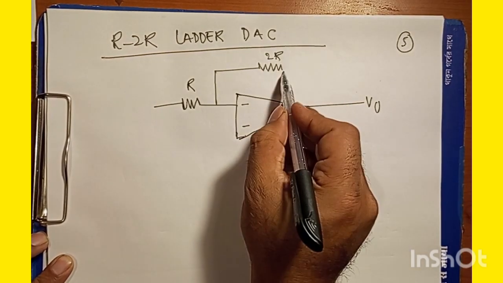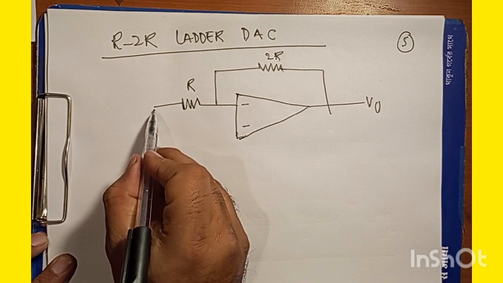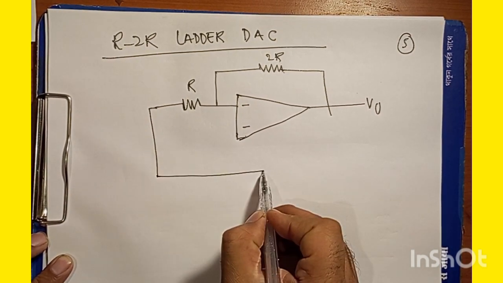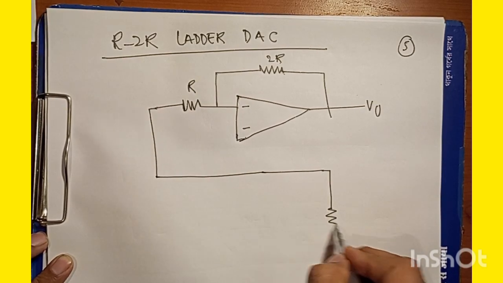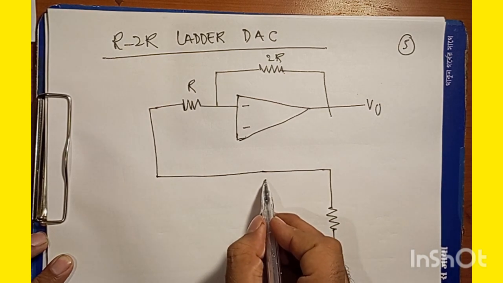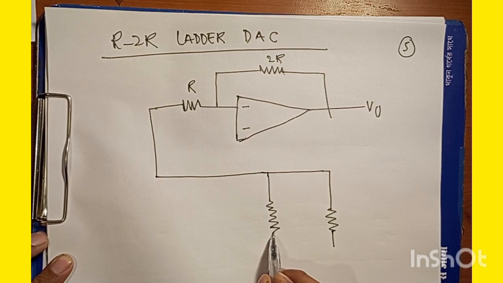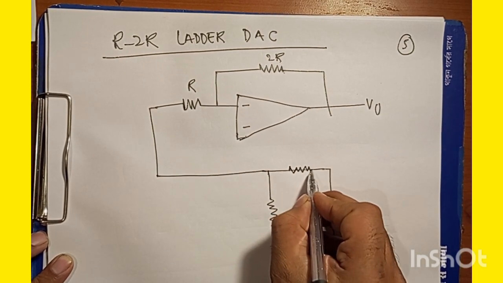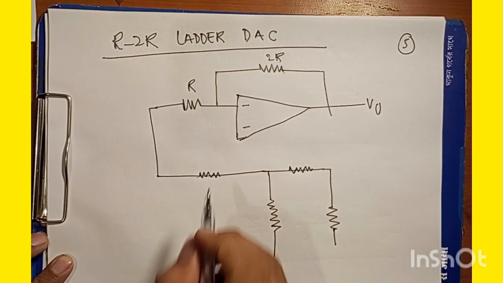Then what we are going to do is we will have a network here. This is my resistance, and here is my resistance, and here is my resistance.